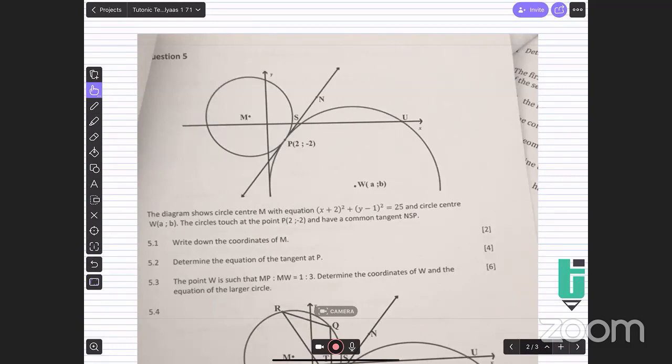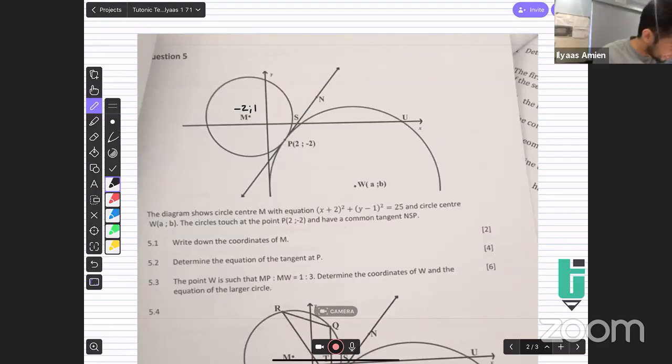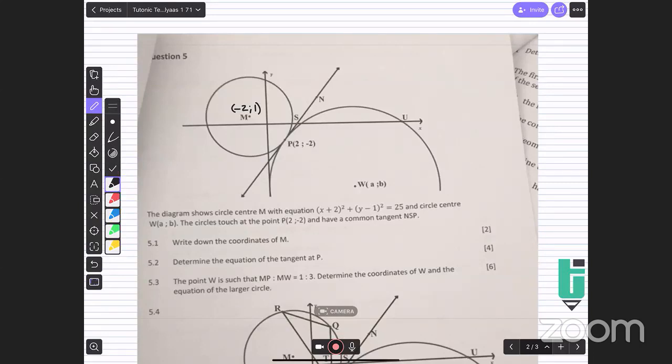The center coordinates are (−2, 1) because it is given in the equation. Yes, well done. And the radius is 5, because it's equal to 25, and the square root of 25 is 5.